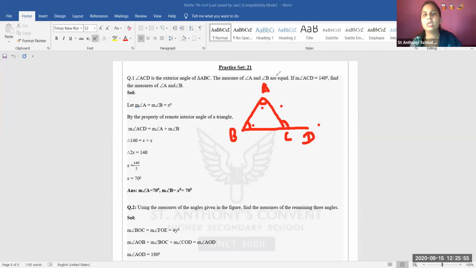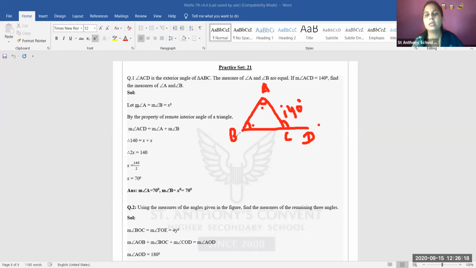So, if measure of angle ACD is 140 degree, then find the measure of angle A and B. Understand the question first, students. What is the question asking? Again, I repeat this.